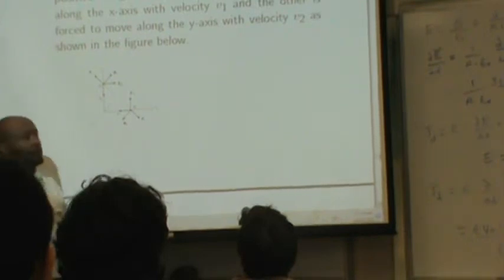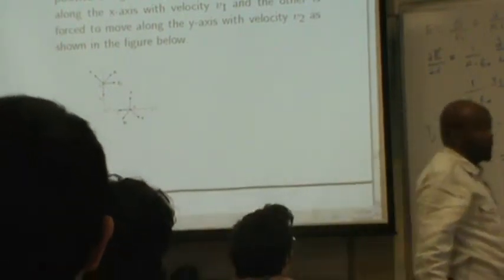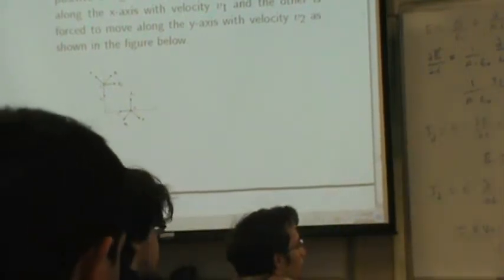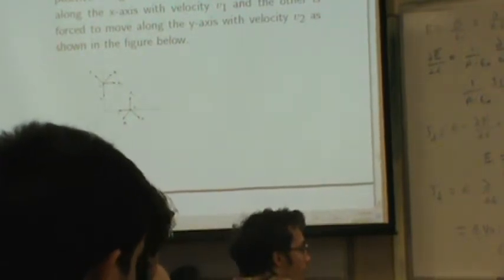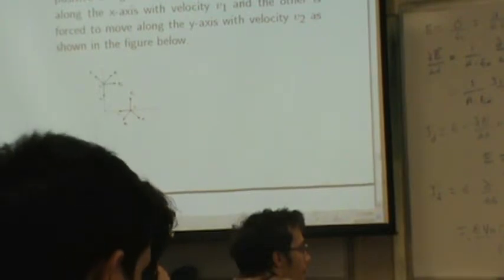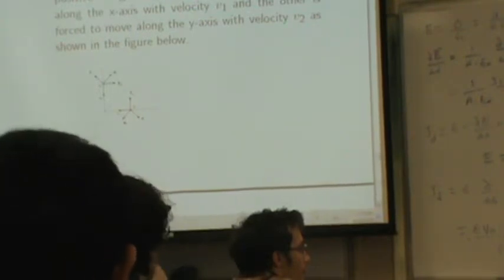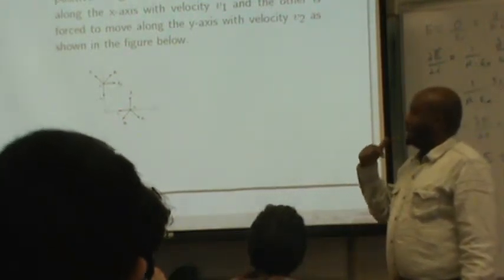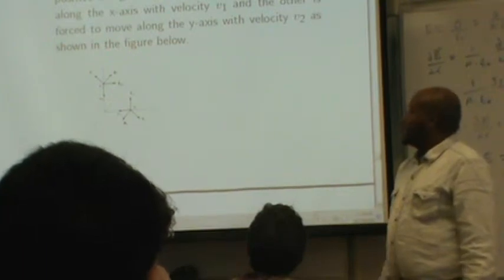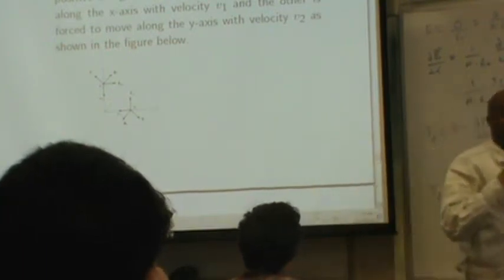Does that mean that momentum in the electromagnetic field is not conserved? The answer is no, it is conserved. The reason it appears that momentum is not conserved is because we didn't consider the momentum carried by the electromagnetic fields.